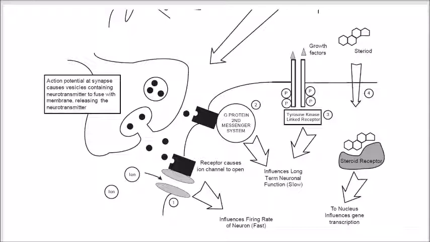Now, a system that you're probably less familiar with is the tyrosine kinase linked receptor system, or TRK system. Now, these have a different type of neurotransmitter from the G protein system. The G protein system are the small molecule neurotransmitters that you're very familiar with. In contrast, the growth factors tend to be very small polypeptide chains.